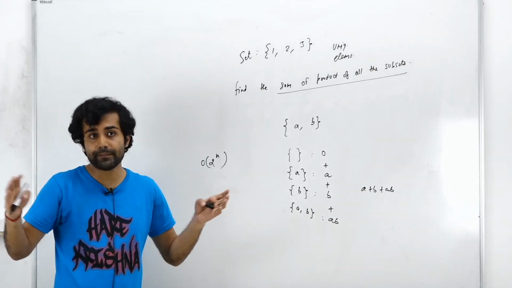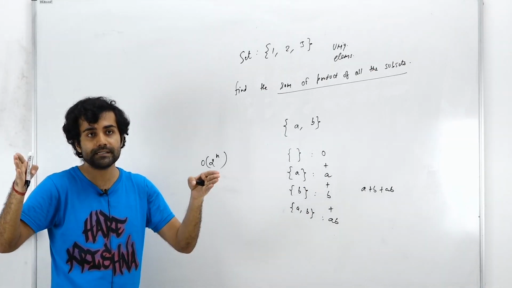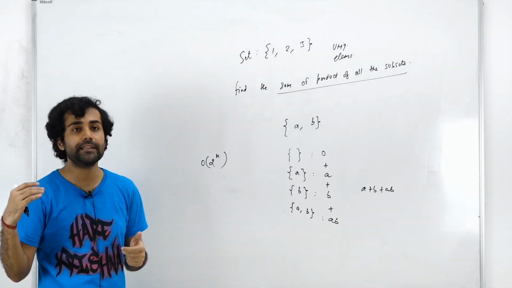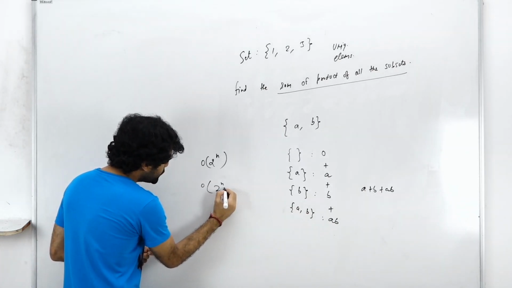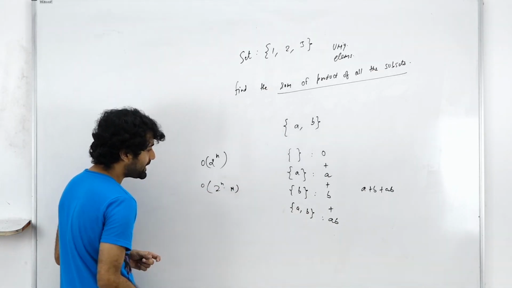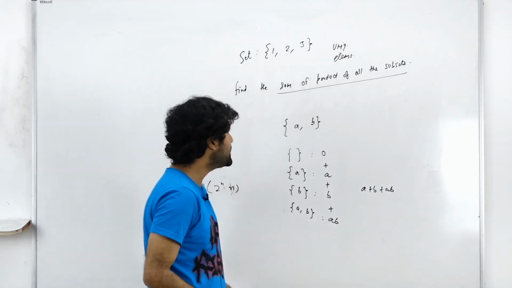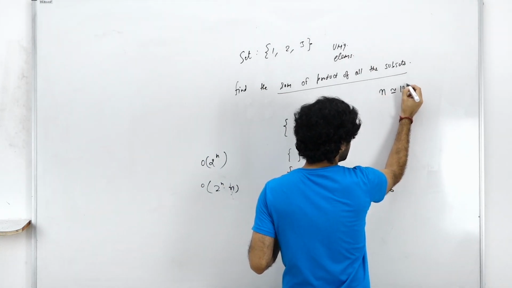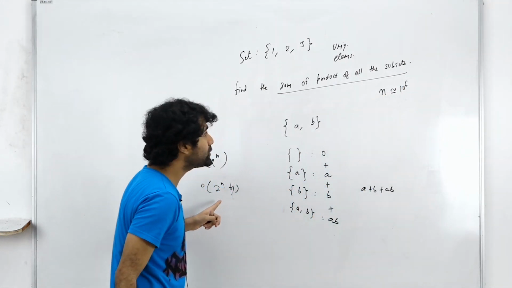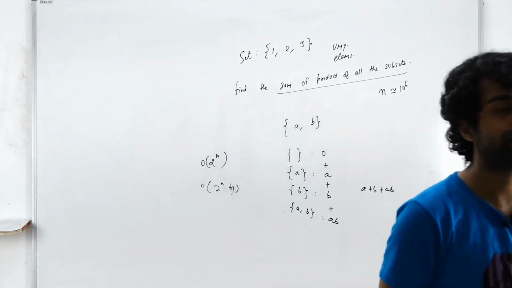At max there can be n elements, so taking the product of all the elements of a particular subset can take at max order n time. To be more exact, this will be order of 2 raised to power n into n. This will be my overall time complexity. But if your n is huge, of the order of 10 raised to power 6, this is going to time out, right? So I have to think of something better over here.